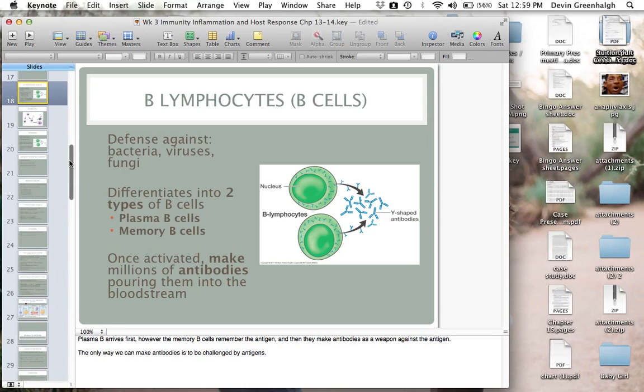Once activated, they make millions of antibodies that pour into the bloodstream. So, what cell arrives first, the plasma B or the memory B? The plasma B arrives first, but the memory B remembers the antigen, and therefore they make the antibodies as a weapon. So, again, two types of B lymphocytes, plasma B cells and memory B cells.